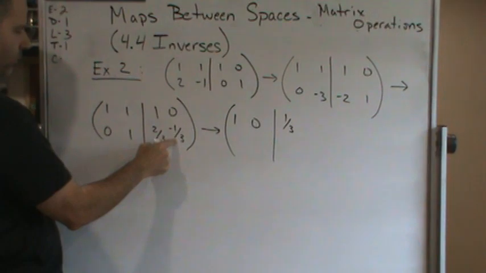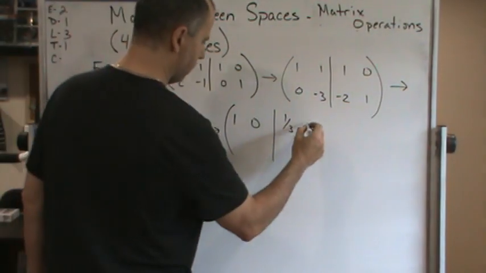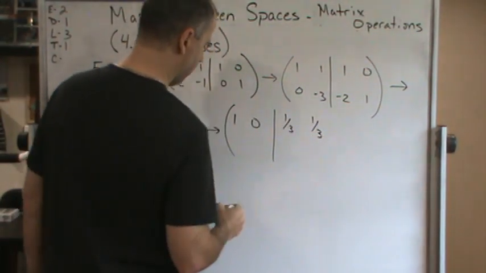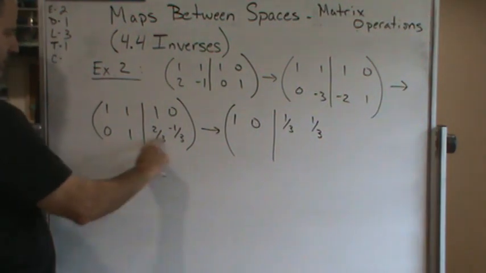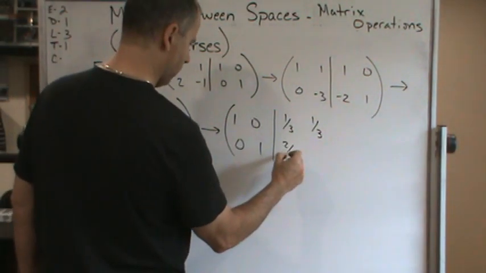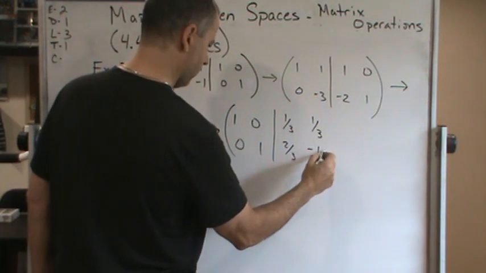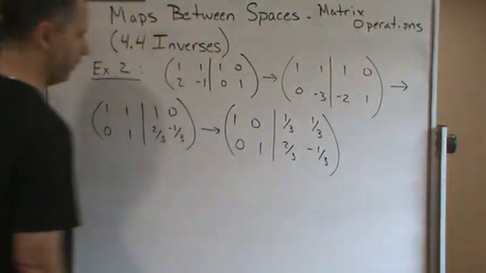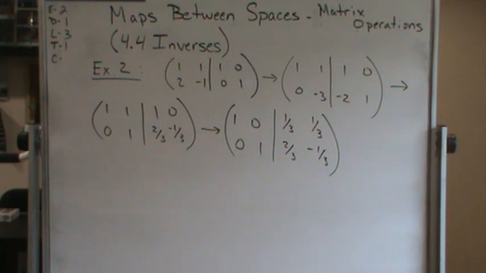And then 1/3 plus 0 is 1/3. And then this is going to stay the same. So 0, 1, 2/3, -1/3.